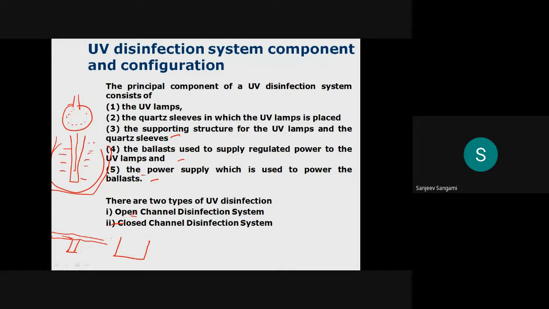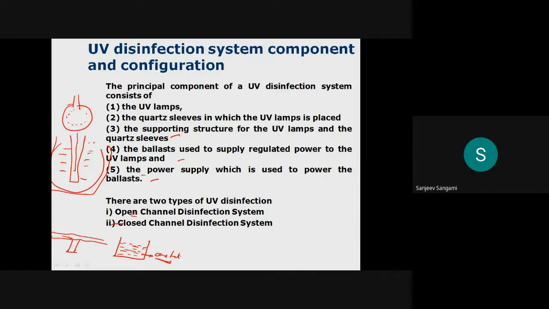Here we are going to maintain a constant head, or batch-wise we disinfect it and send it. For example, batch-wise I have to add 2 liters of water and go for the UV disinfection process, then transfer it to one more vessel, and then we can use it for any other purpose like drinking.